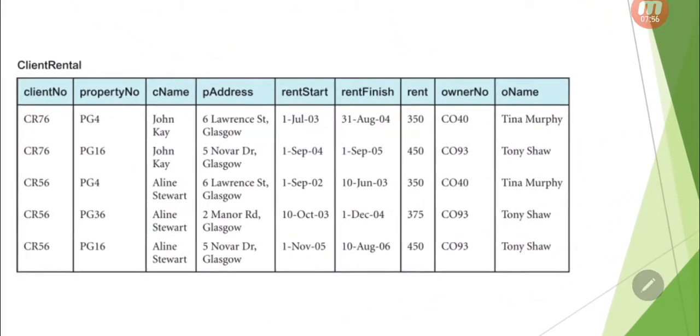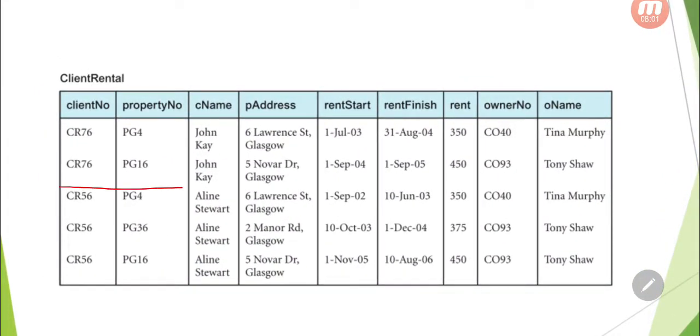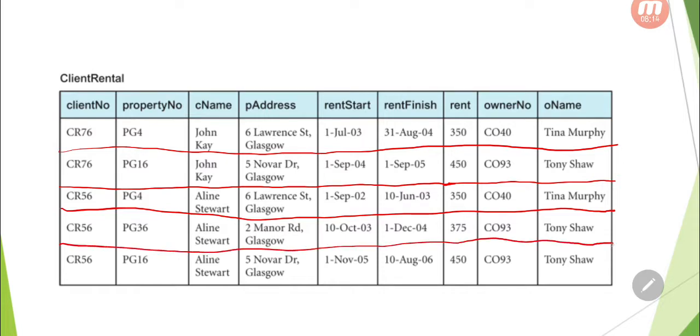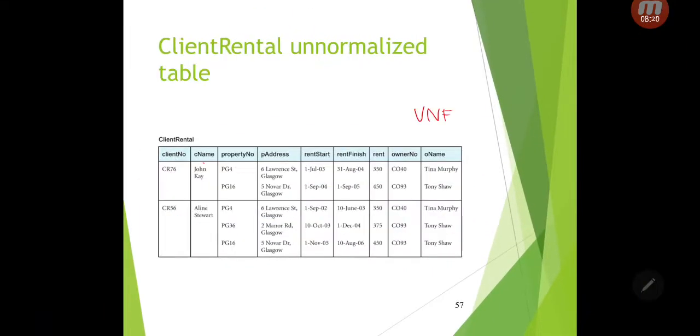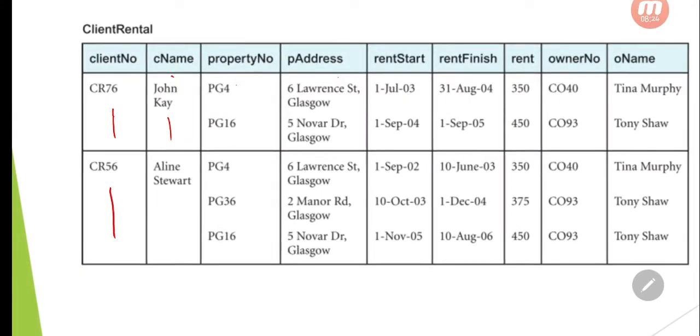So from this table of unnormalized form, you need to transform into first normalized form. So this is your first normalized form. Before this, we have only 2 rows. Now we have 5 rows. Why? Because we fill in every empty cell from before. Previously we still had blanks here.